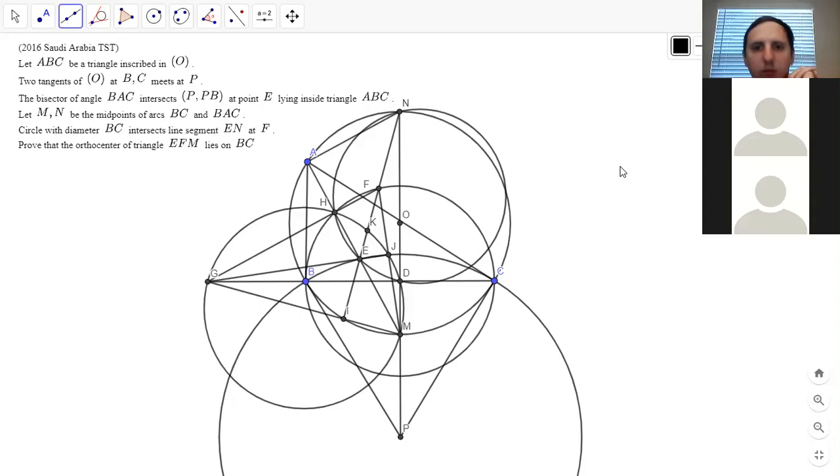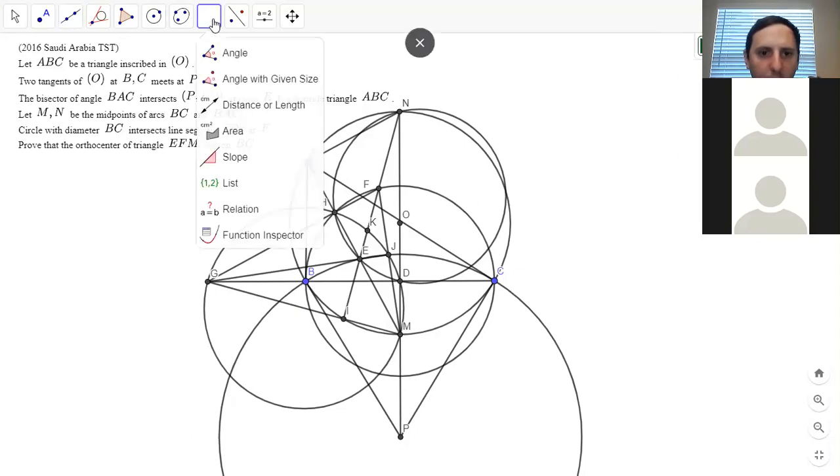Let's see. E is just defined in a weird way. So we could try to calculate angle BEC in terms of BAC. I wonder if BEC is twice BAC, or I'm not sure.